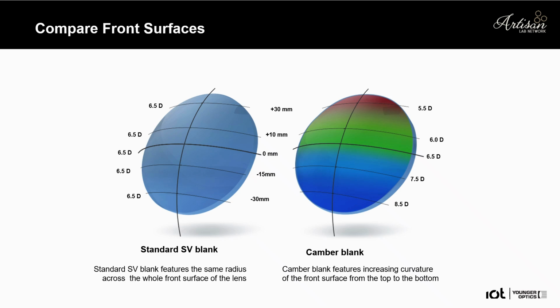You can see on the right-hand side, given that same plus 6.5 diopter base curve in the central part of the lens, as the curves vary from the middle to the bottom, they get steeper, and from the middle area to the top, they get flatter, which is ideal for the best base curve for the distance and the near zones.